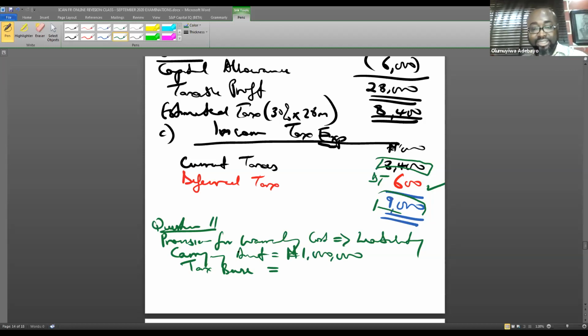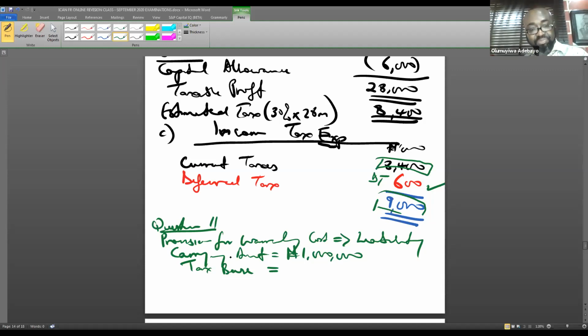In this case, the tax law says such a cost is not allowed for deduction because it's just a mere provision that has never occurred. Such warranty cost will only be allowed for deduction whenever an entity actually pays for replacement, repairs, etc.